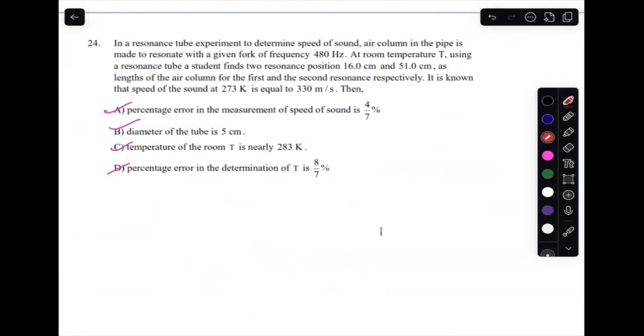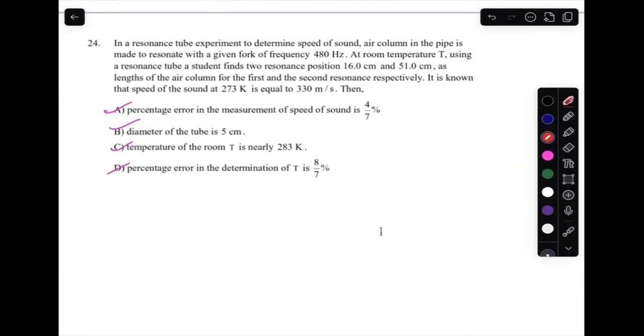In a resonance tube experiment to determine the speed of sound, the air column in the pipe is made to resonate with a given fork of frequency 480 Hz at room temperature T. Using a resonance tube, a student finds two resonant positions, 16.6 and 51.0, as lengths of the air column for the first and the second resonance respectively.